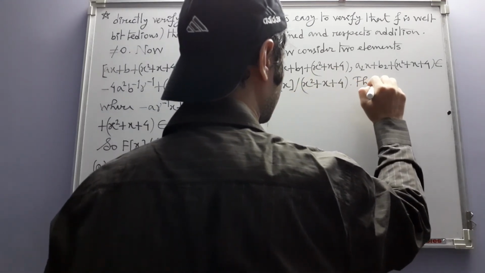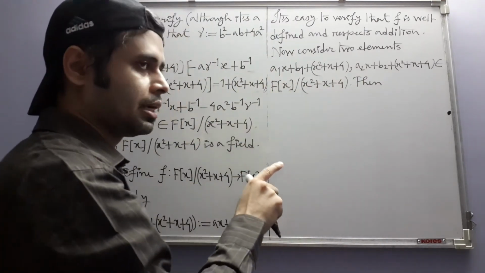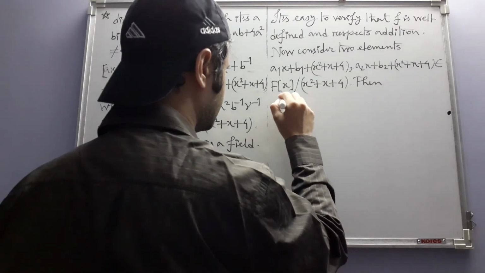Then we have to multiply these two, and on the product we have to apply f. So we start like that.